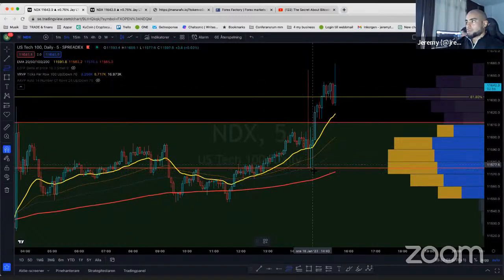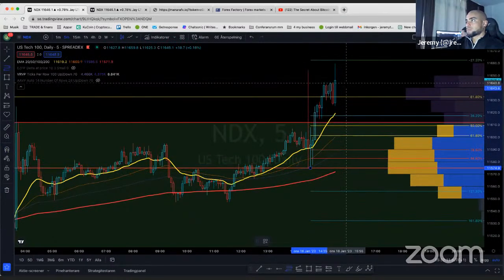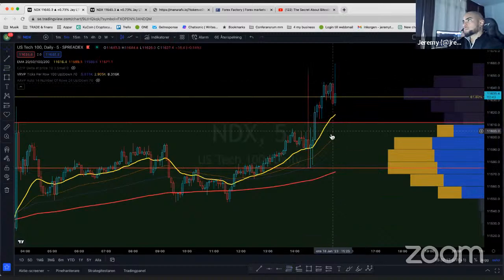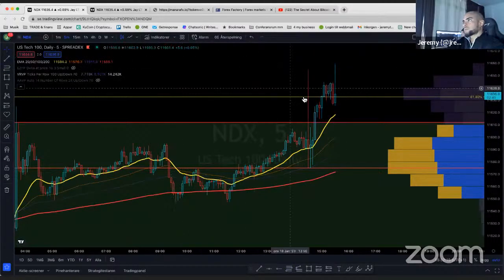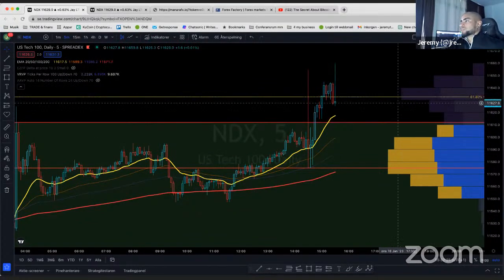At the bottom here, we have the top here. Market's coming back down. So this candle is going down. This is what I'm seeing now.